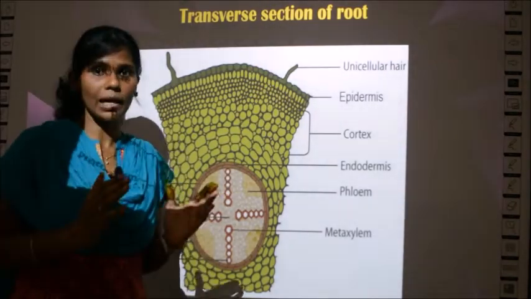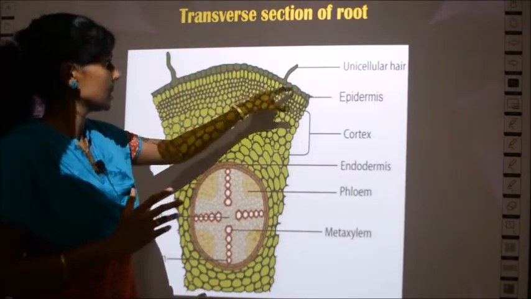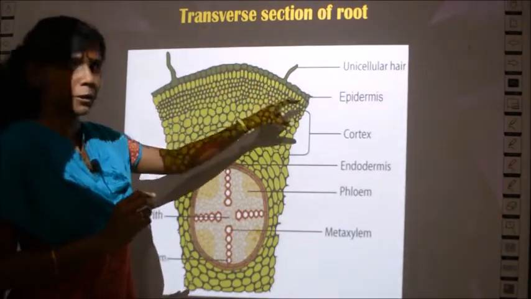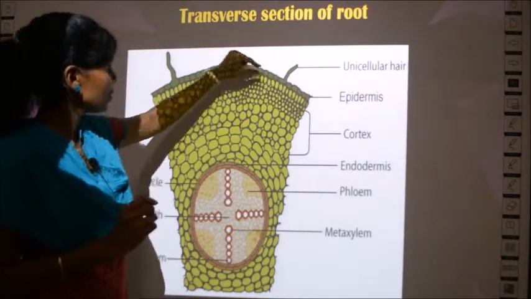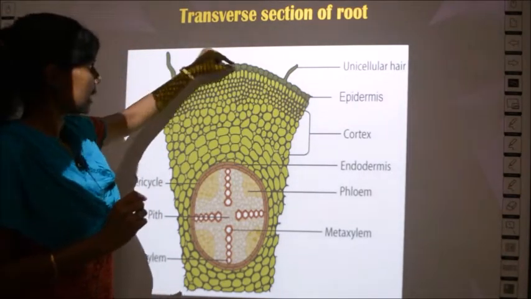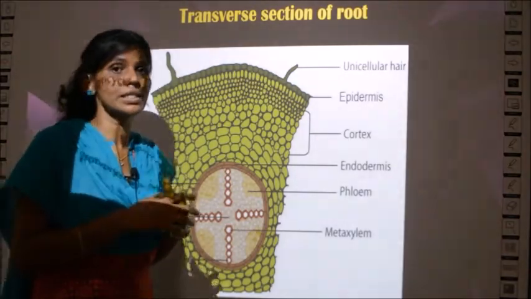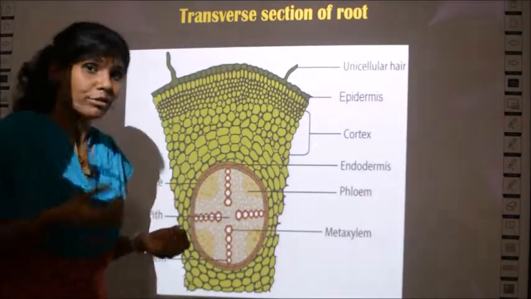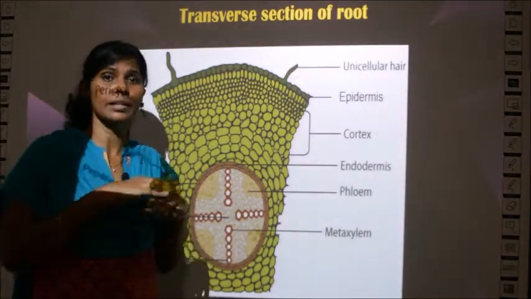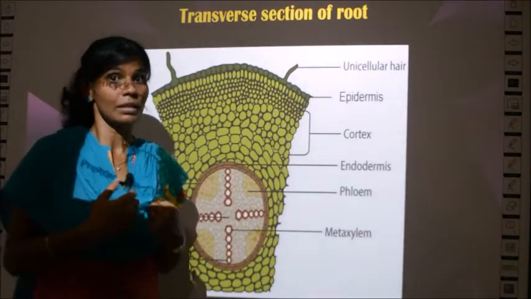Many root hairs are present in the outermost layer, which is called the epidermis. You have a dark green region, a single layer of epidermis. Epi means outside. For humans also, you call the outer skin the epidermis.